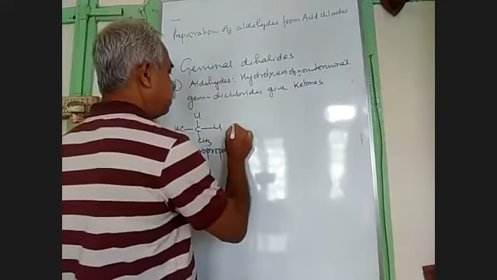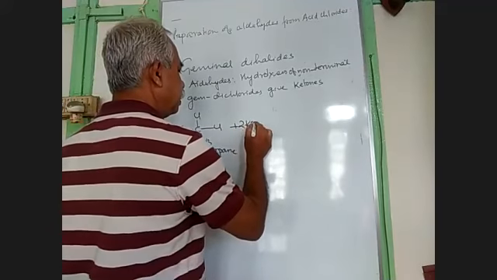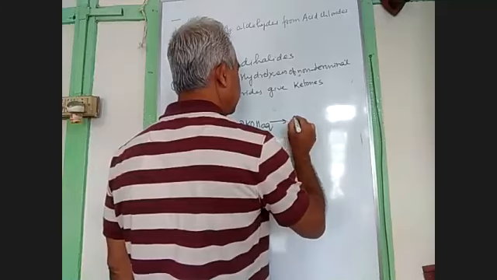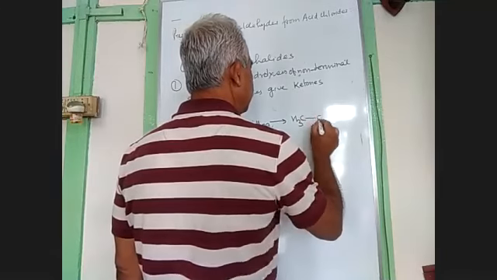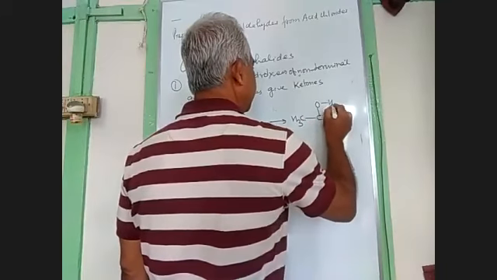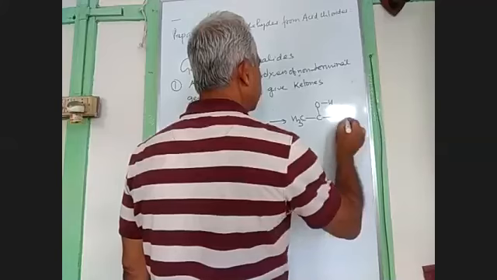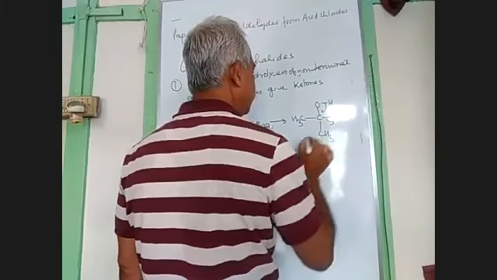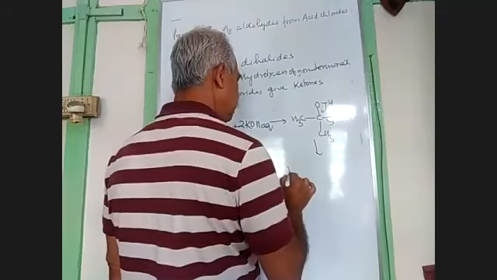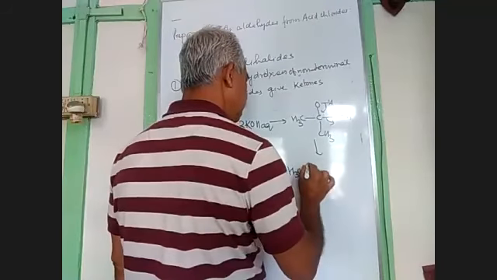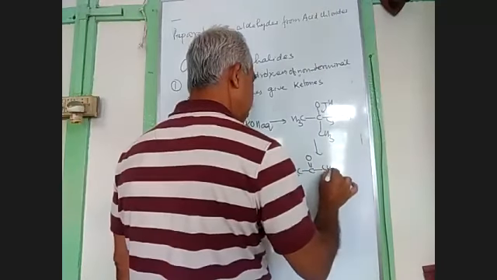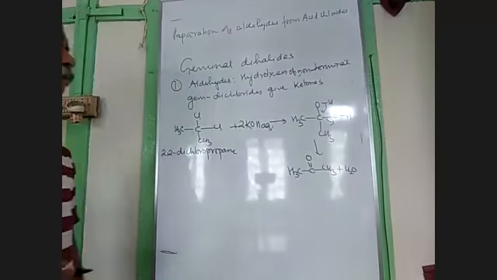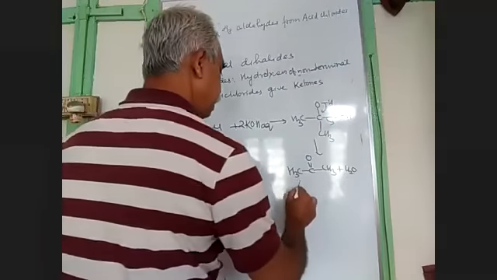So if I treat with aqueous potassium hydroxide or sodium hydroxide, it will give me again a dihydroxy compound, and you know that it is not stable, so it will give you CH3, CO, CH3 plus H2O, like that. You get here acetone.